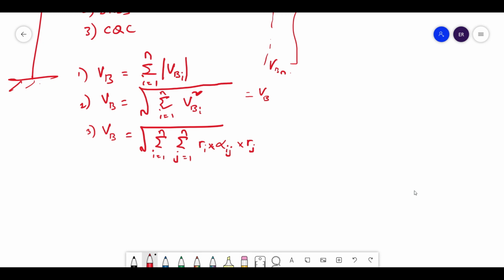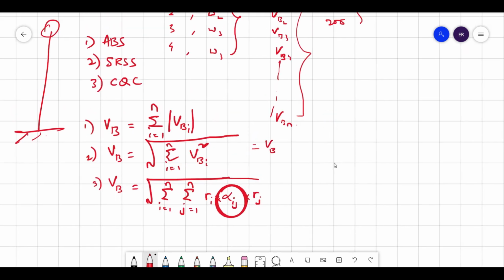Here Ri and Rj are the seismic responses for the ith mode and jth mode respectively. For the first mode, Ri is nothing but VB1, and for the second mode, Rj is nothing but VB2, and so on. Alpha ij is a correlation coefficient, simply a coefficient we find based on some empirical formula. I am not going into that much detail in this video, friends. So this is nothing but a simple quadratic expression.